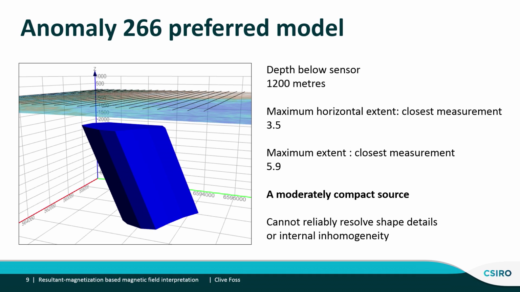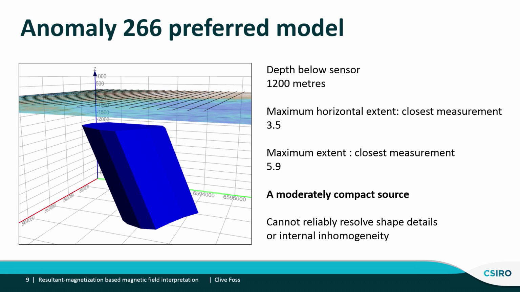The maximum horizontal extent of the body is about 3.5 times that, and the maximum extent, which would possibly be between this point and that point, is almost 6 times the closest approximation of our measurements.